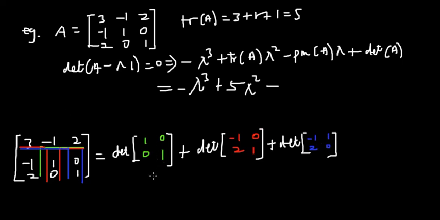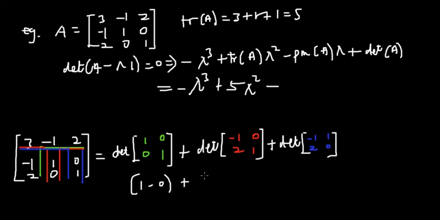Now let's proceed. Let's find the determinant of this. When you find the determinant of this expression, you end up with 1 multiplying 1 minus 0 multiplying 0.